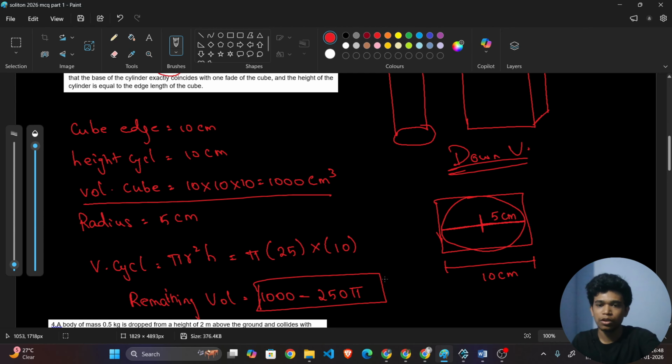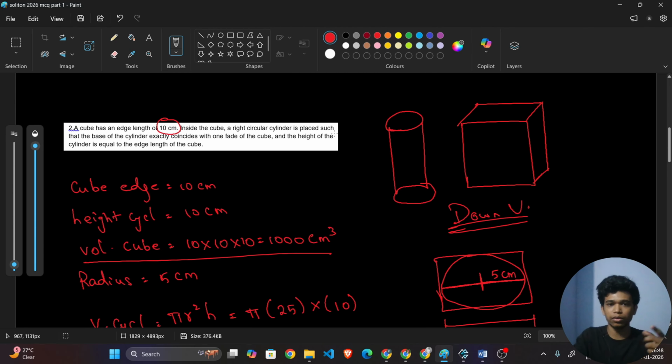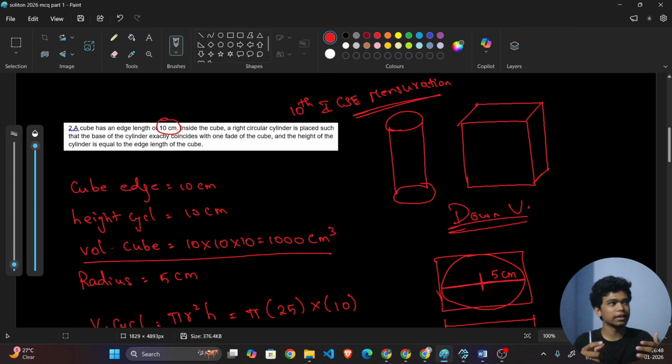Can you understand this? This particular question is 10th ICSE pattern, mensuration, I think. Under this topic, these problems will be expected. If you want to go through these kinds of problems, refer to the 10th ICSE book by ML Agarwal.